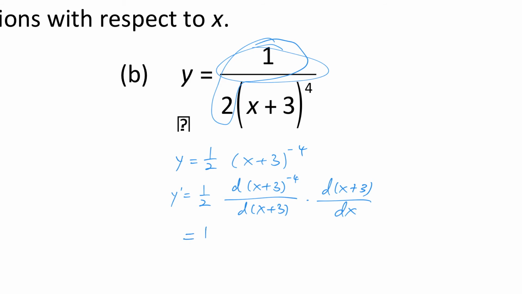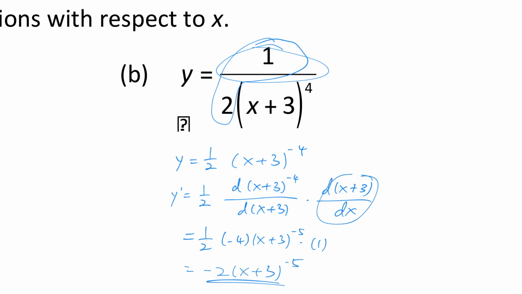And then 1 over 2, according to the power rule, -4, and degree minus 1 is minus 5, and this one is equal to 1. So this is the final answer, -2 times (x plus 3) to the power -5. This is a very powerful theorem and very useful.